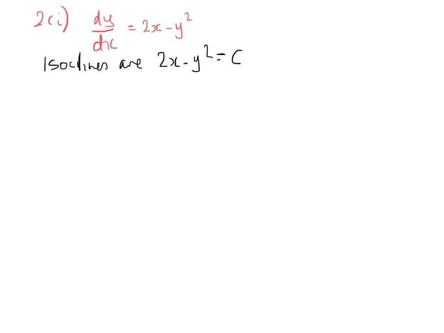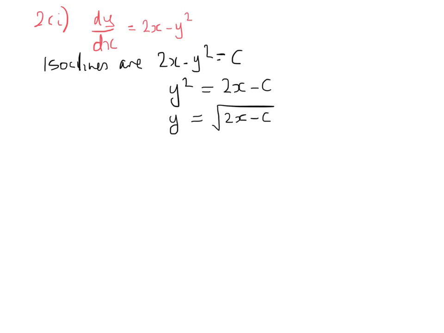So what's this going to look like? Let's rearrange it. We're going to get y squared is equal to 2x minus c. So y is the square root of 2x minus c. Okay, so let's draw the nullcline first.